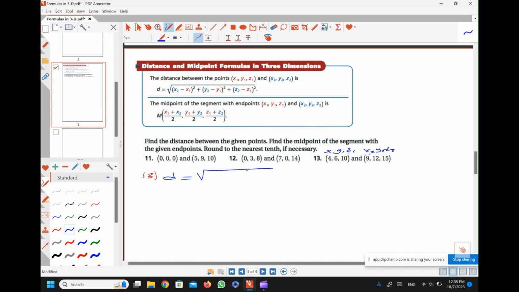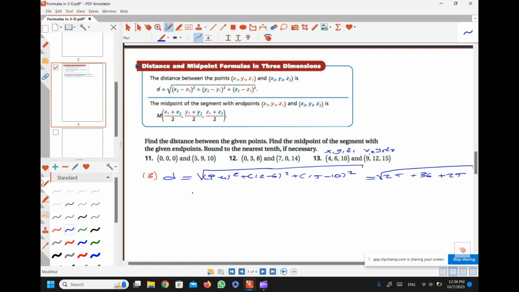So subtract x's, 9 minus 4 squared, plus subtract y's, 12 minus 6 squared, and subtract z's, 15 minus 10 squared. So you are squaring the differences of all coordinates under the radical. This is how you get the distance between the points. It's equal to 9 minus 4, 5 squared, 25. 12 minus 6, 6 squared, 36. 15 minus 10, 5 squared, 25, on the radical.